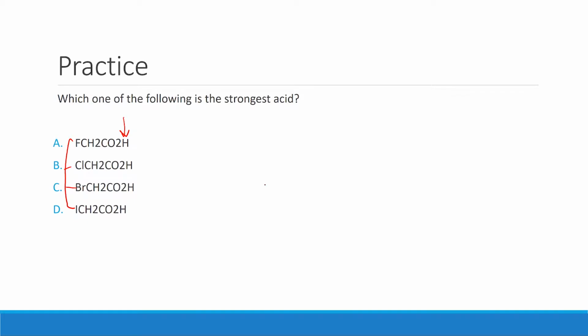If you remember, fluorine is the most electronegative atom in general on the periodic table. And so it is going to cause the largest inductive effect, causing the molecule with fluorine on it to be the strongest acid.